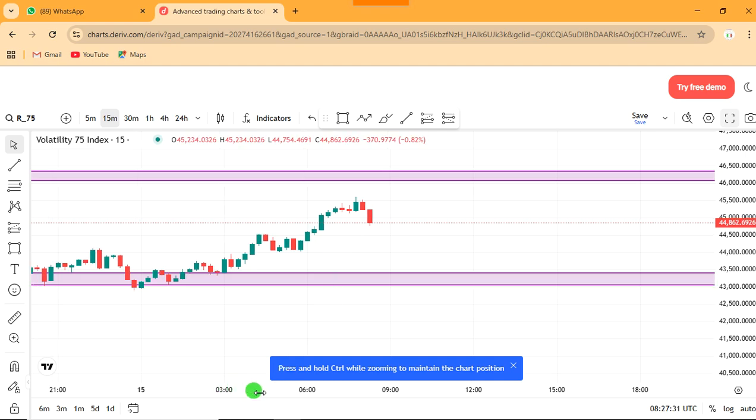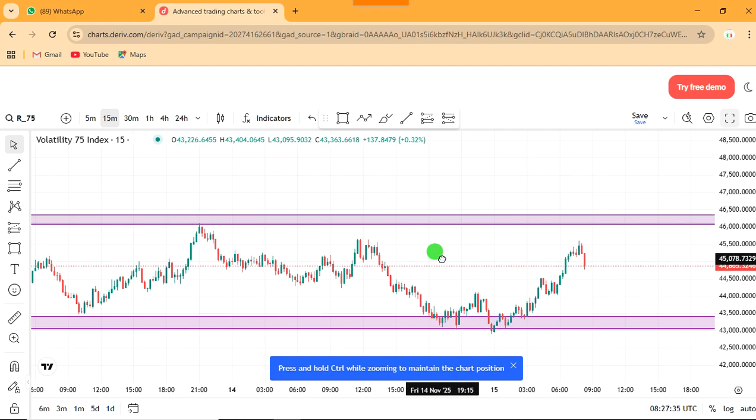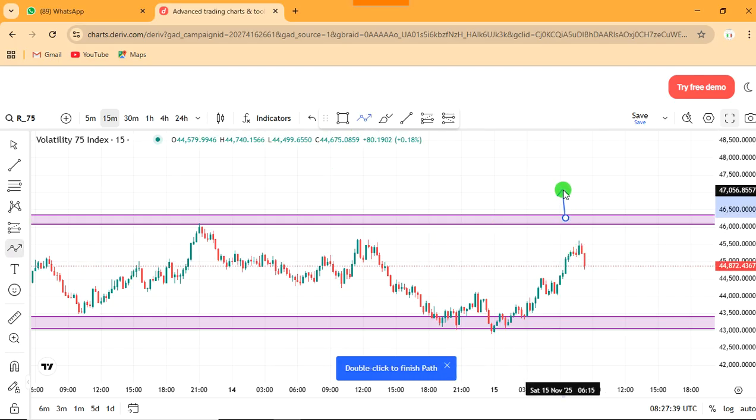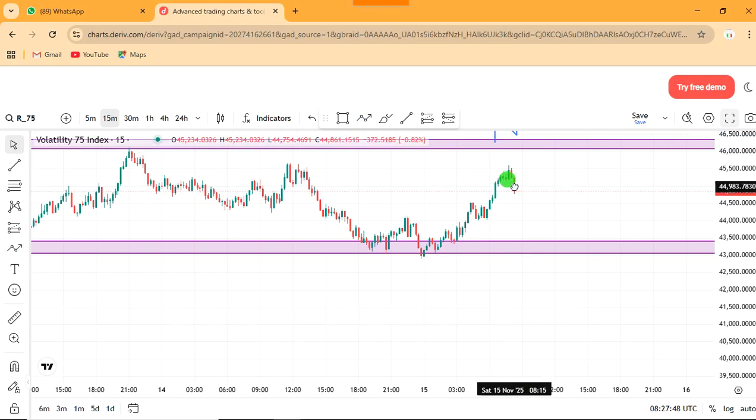Now what I'm expecting is a break above this zone, a retest, and of course a continuation. That's what I'll be expecting. Or if I get a break below this, a retest, then a continuation. That's what I was supposed to be expecting.